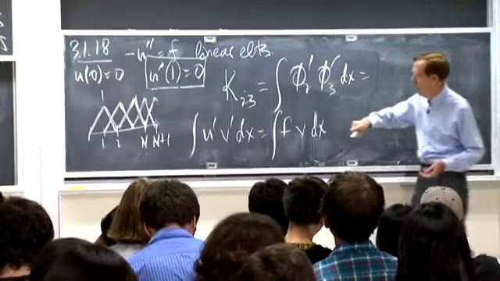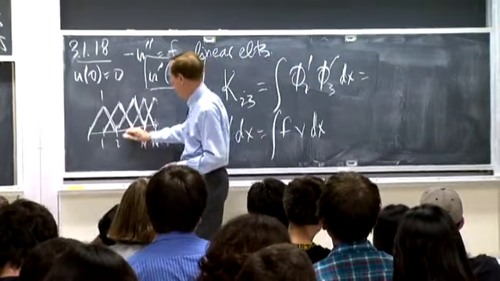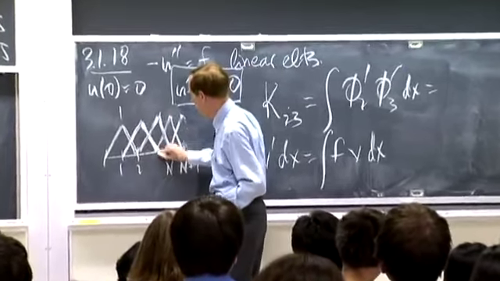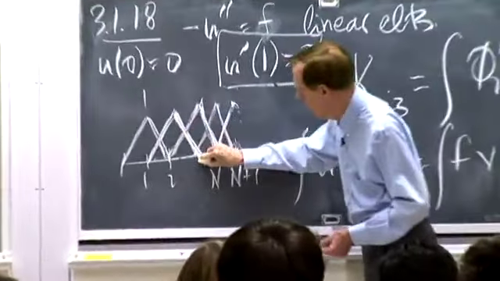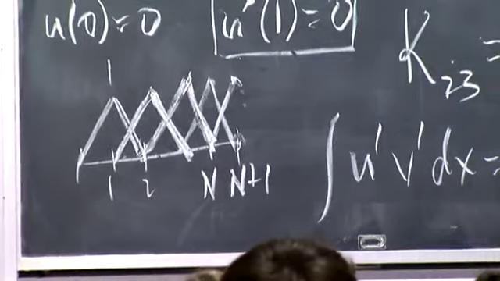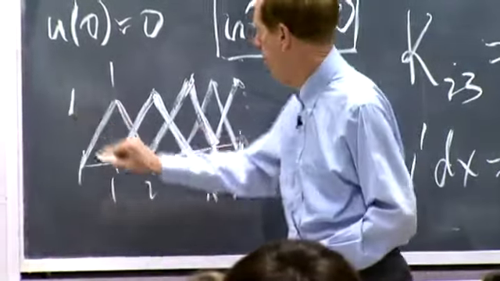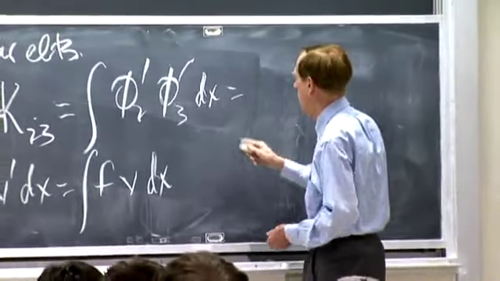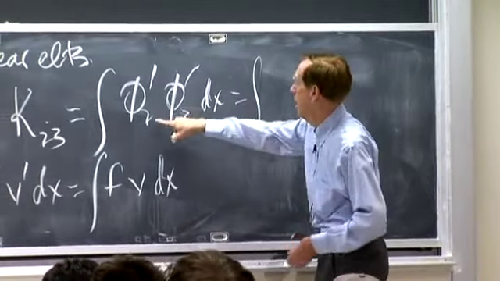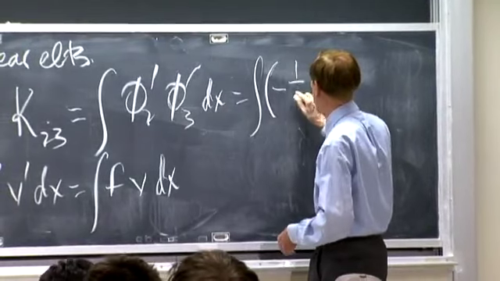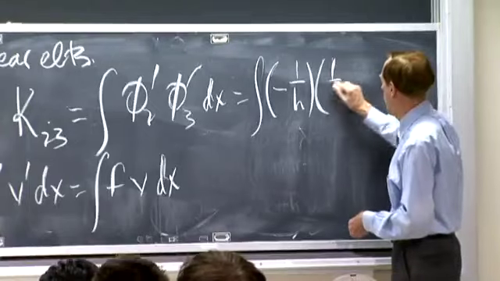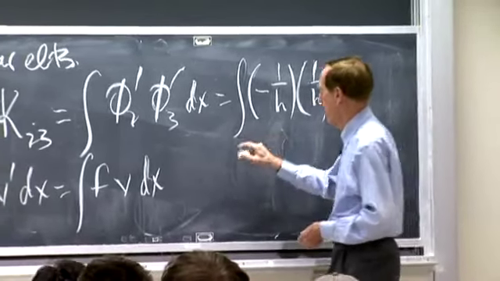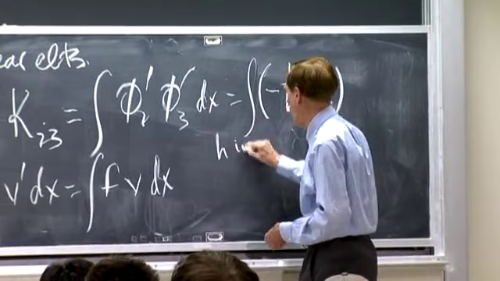So what do I get for that? Phi2 prime is, so where it overlaps this one, phi2 is coming down and phi3 is going up. And the slope is 1 over h, let's say. So I think I'm integrating a negative slope times a positive slope, and I'm really only integrating it over 1 h interval.